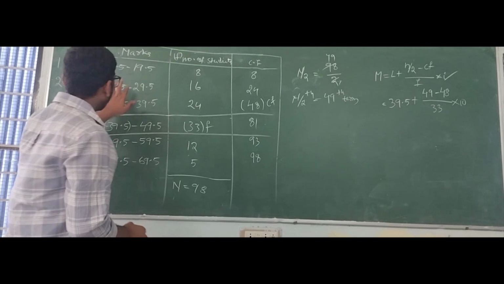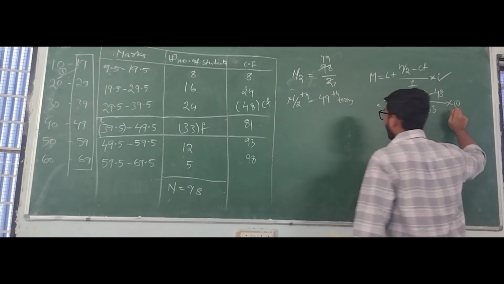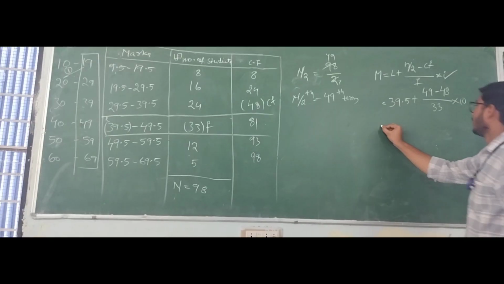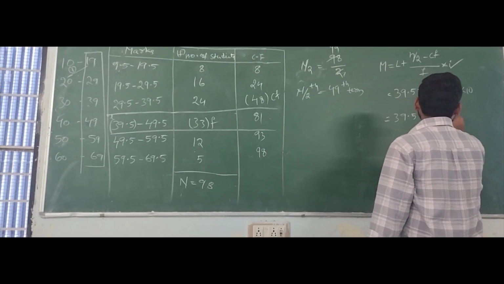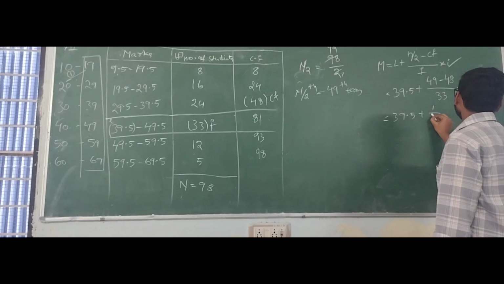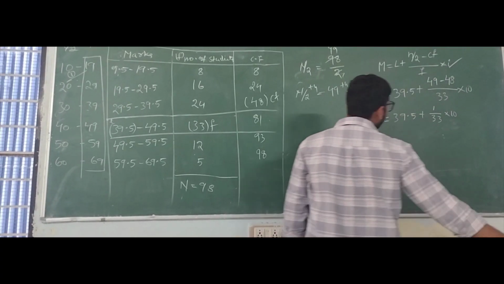The difference between the lower limit and the upper limit is the common factor, and we have a distance of 10. That is equal to 39.5 plus 1 by 33 into 10.